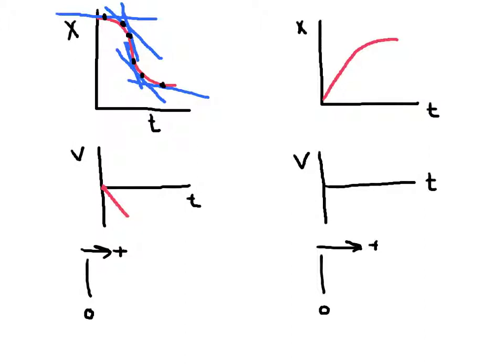Now, what does this mean? We have a very steep one. This one's not quite as steep, and this one again is even less steep, meaning that our velocity is now getting less negative. It's less steep, and this is a negative slope.